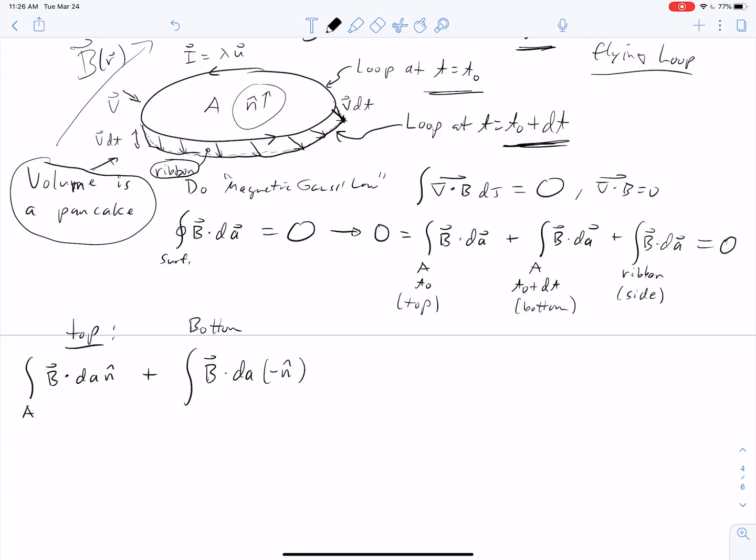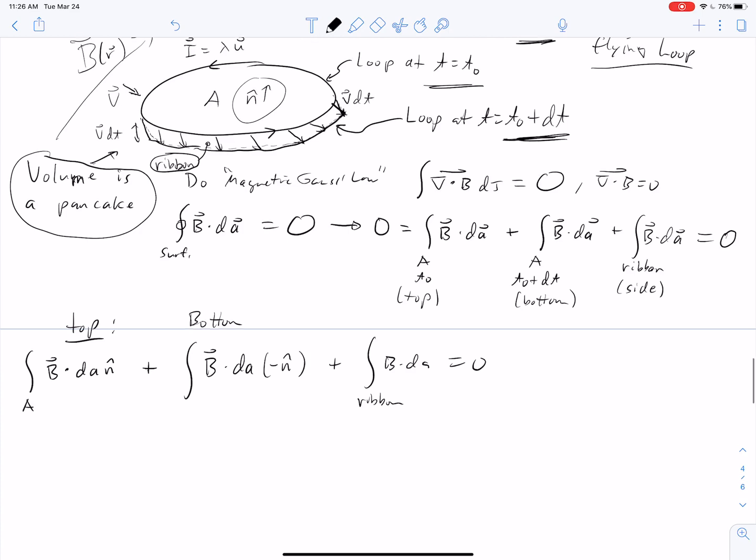And then I can say plus the integral over the ribbon, B dot dA, equals 0. What I notice is that B dot dA n hat, this one, is my magnetic flux phi B at time t naught.